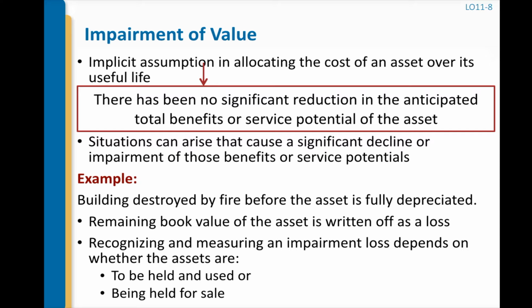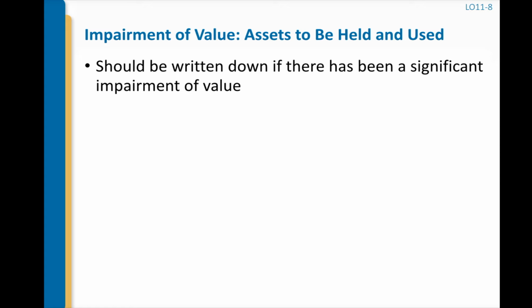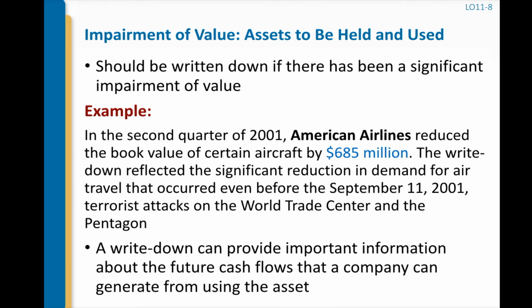Then, as far as the impairment loss goes, you look at whether the assets are going to be held and used or held for sale. Held and used, then you write them down if there's been significant impairment of value. There's an example of that.